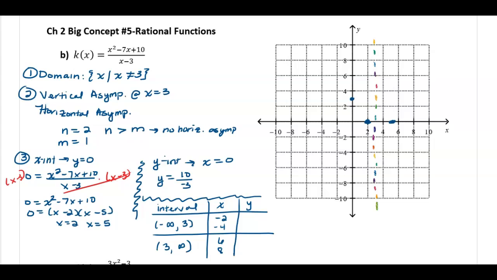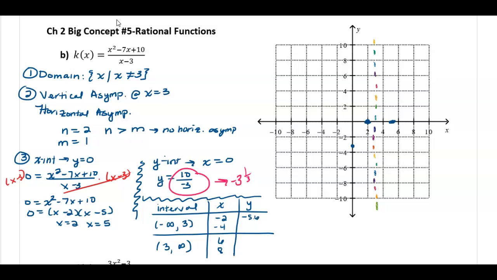Now, Miss Younger just realized she made a mistake. Do you see this right here? This is negative 3 and 1/3. I plotted positive 3 and 1/3. So let's go fix that. We're looking right around here. All right, so if I substitute negative 2 into my function, I am going to get negative 28/5, which is approximately negative 5.6.